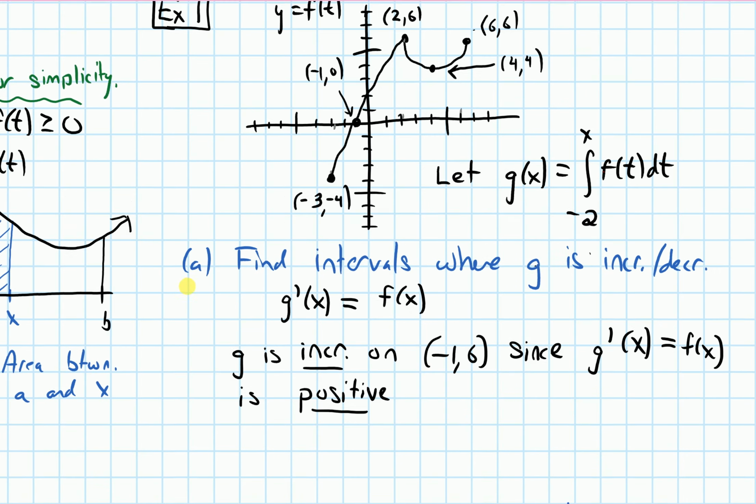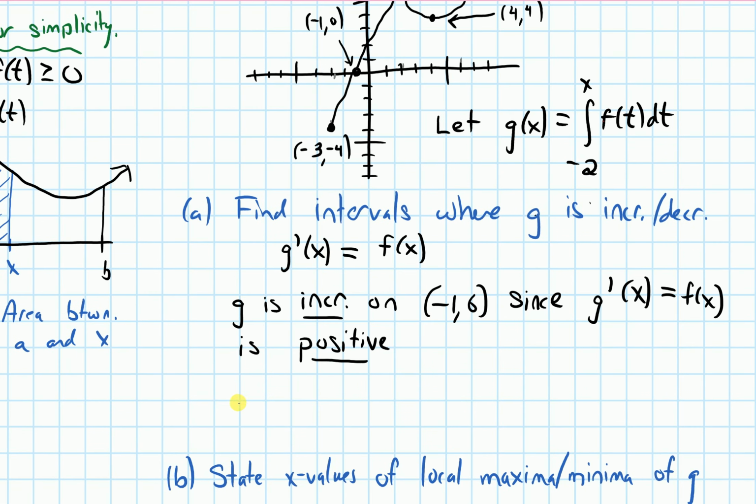So similarly, we would say that g is decreasing, let's put this in red, decreasing on the interval from -3 to -1, since the derivative g prime of x, which we know is f of x by FTC part 1, in fact, let me write that up here.